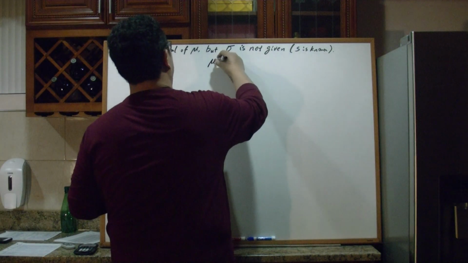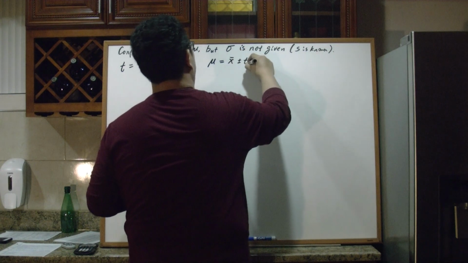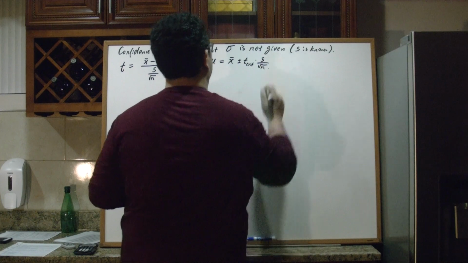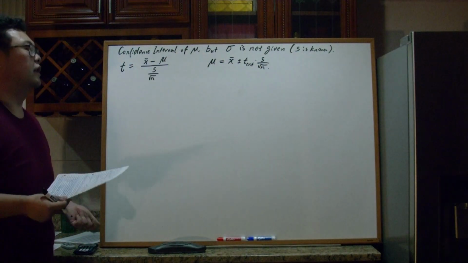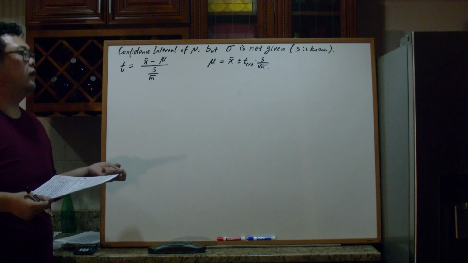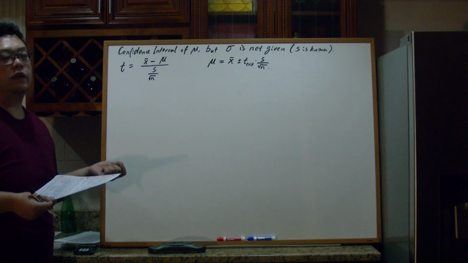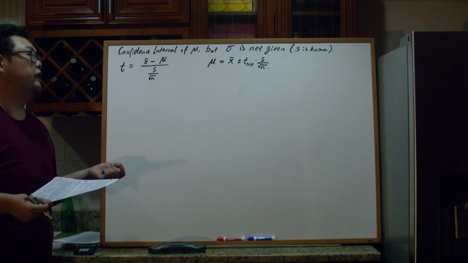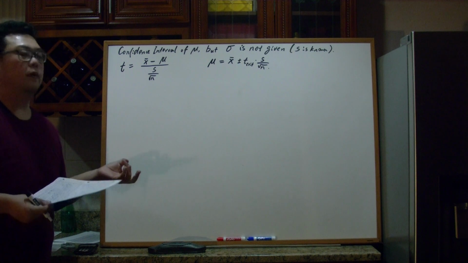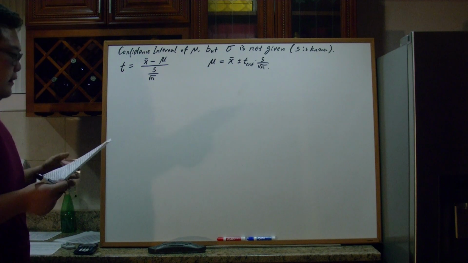When we find the mean, it will be x bar plus or minus the critical t-score times s over radical n, where s is the sample standard deviation provided, and n is the sample size. We use the critical t-score when we do not know the population standard deviation, when we don't know sigma, and we are provided s, the sample standard deviation.